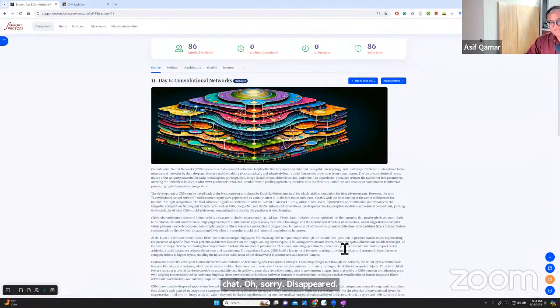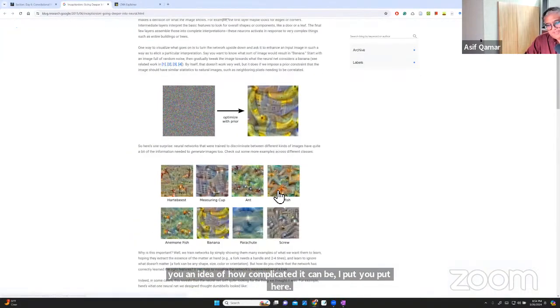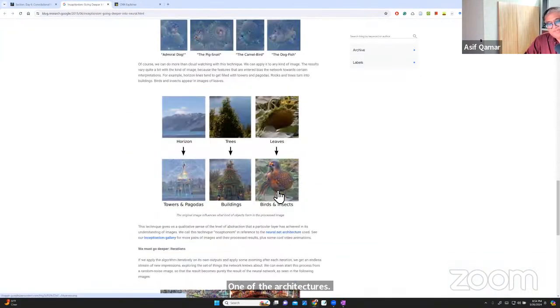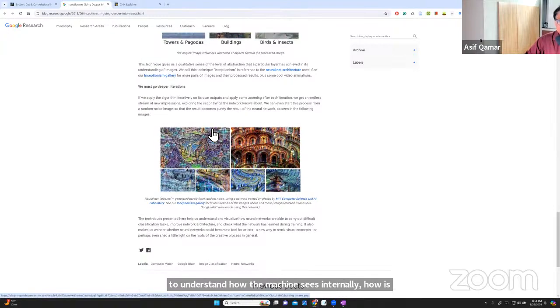Here, if you notice, is a collection of CNN structures. By the way, just to give you an idea of how complicated it can be, I put here one of the architectures that is pretty deep, and it tries to understand how the machine sees internally. How is the machine looking at the image?